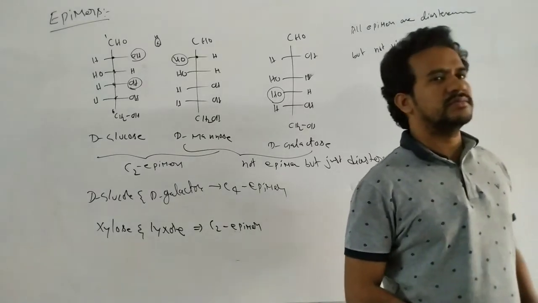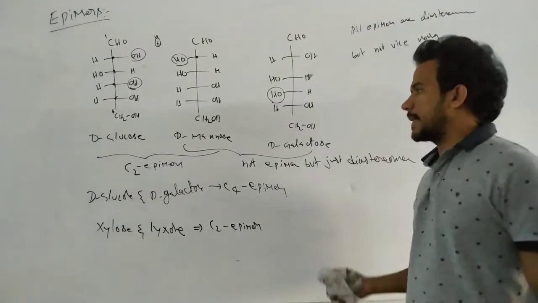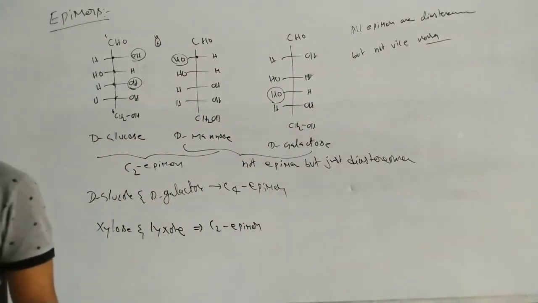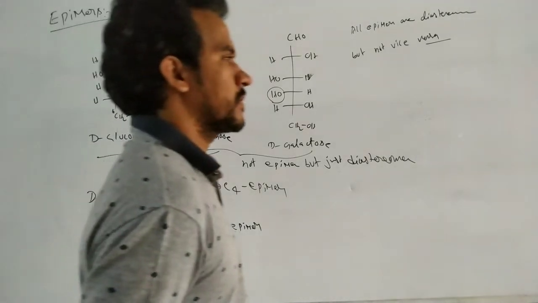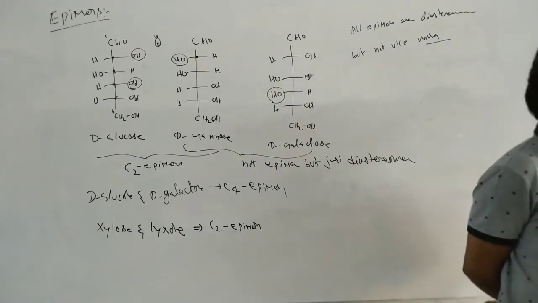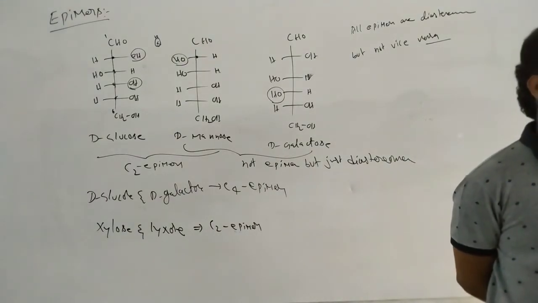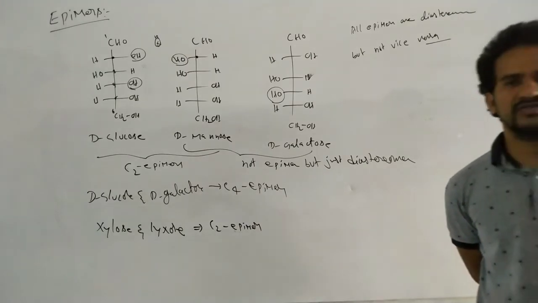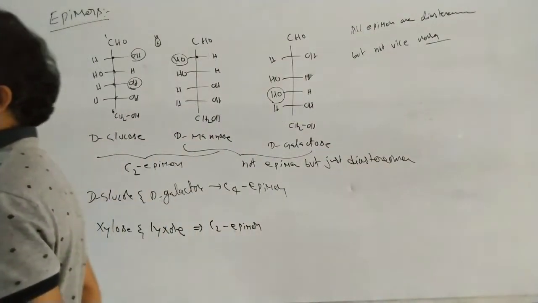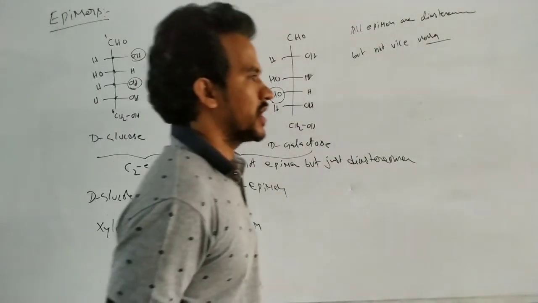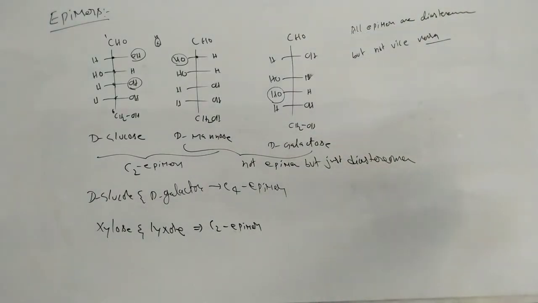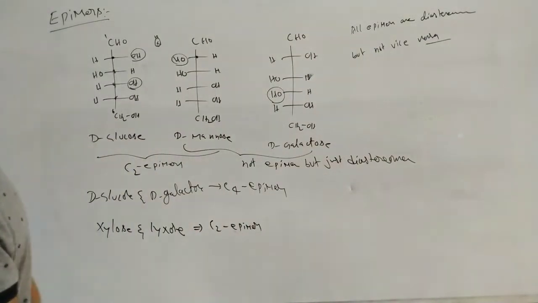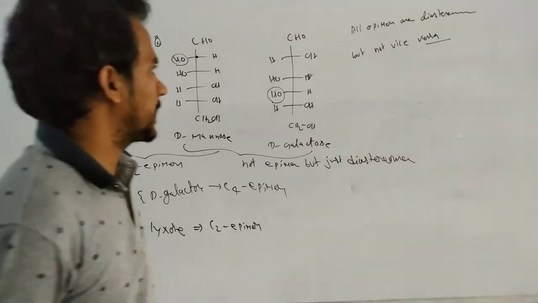Which of the following sugar produce meso compound on reduction with sodium borohydride, or H2 nickel.